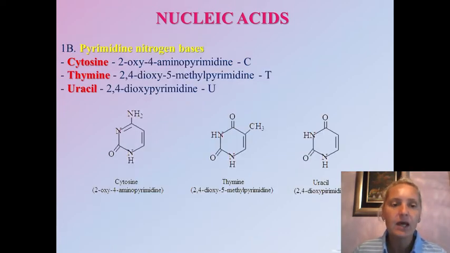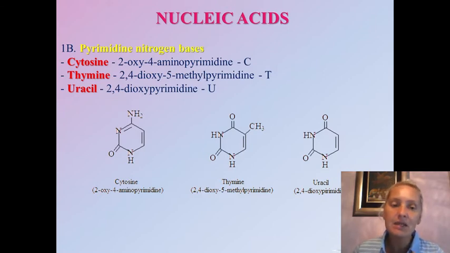But anyway, let's move on to pyrimidine nitrogen bases. Three types of pyrimidine nitrogen bases can be found in nucleic acids. Cytosine, which is 2-oxy-4-aminopyrimidine, marked with capital letter C, and you can see the structure of those pyrimidine nitrogen bases.